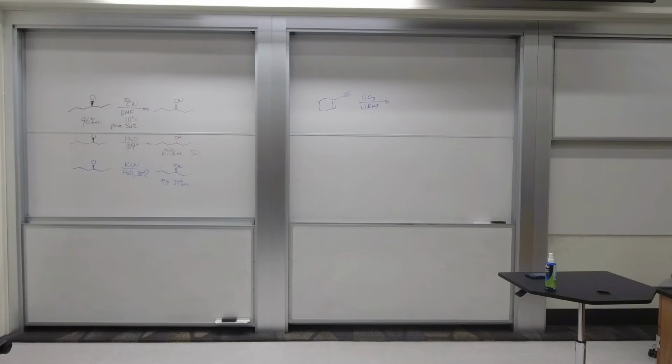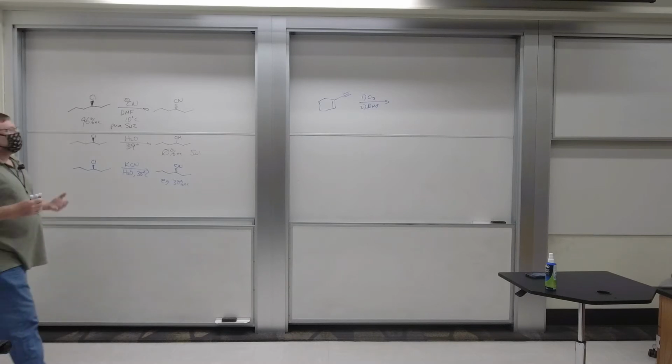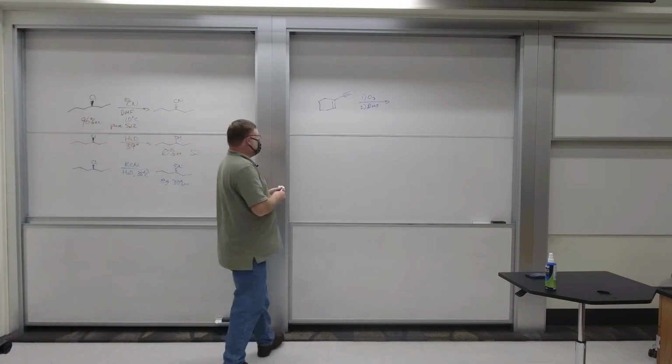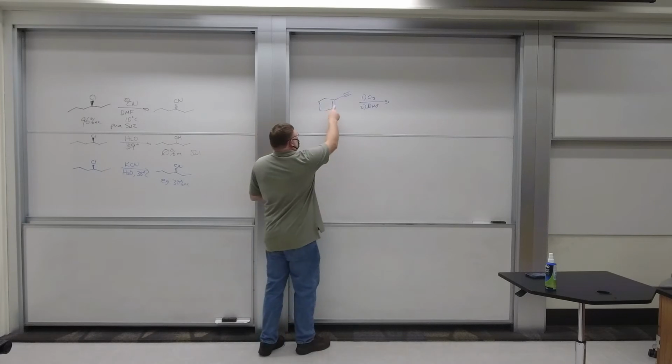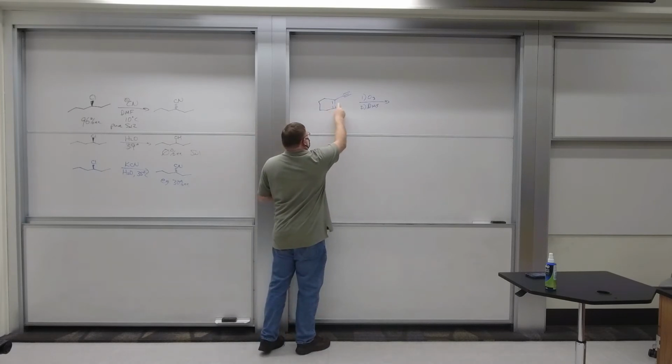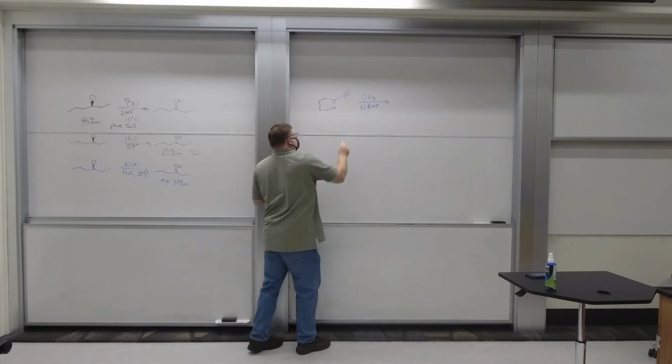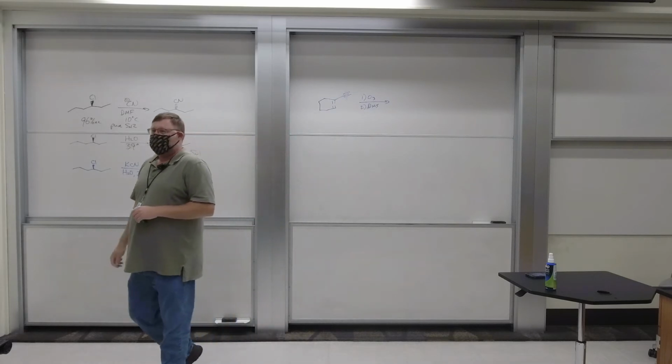The mechanism is fairly confusing, and it doesn't exactly follow the Lewis acid-base model that I want you focusing on, where a Lewis base has electrons, gives them to something that doesn't have electrons, and then stuff happens. So I basically just ask you to memorize this, and the way to memorize it: anytime you have a pi system like this, ozone is just going to cut through all of them.